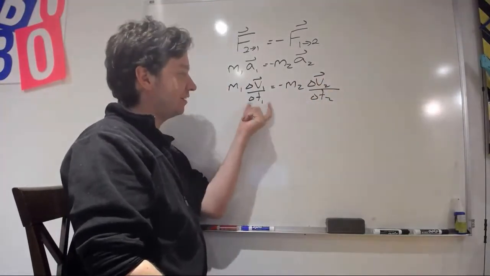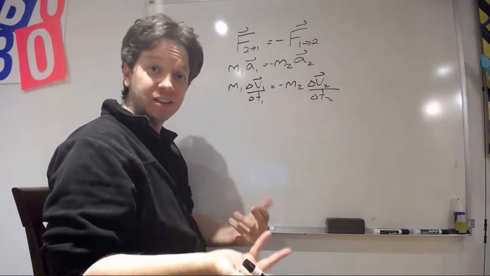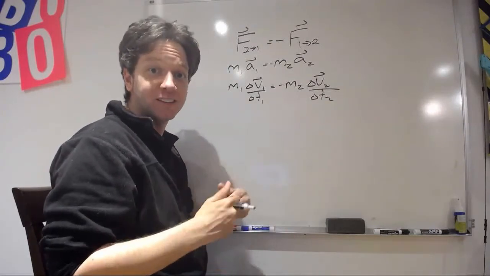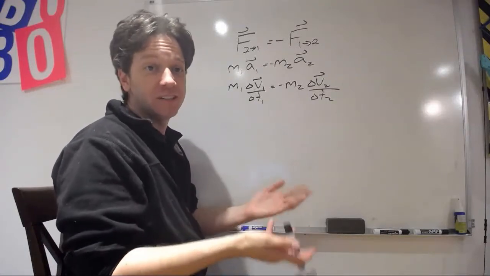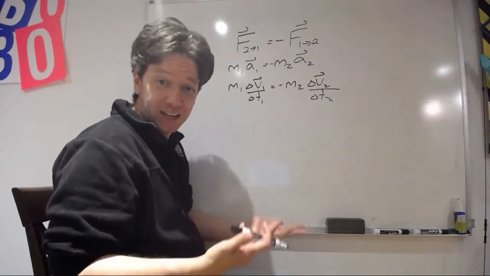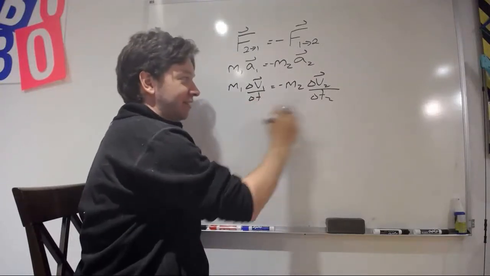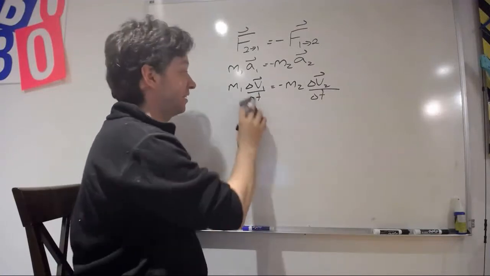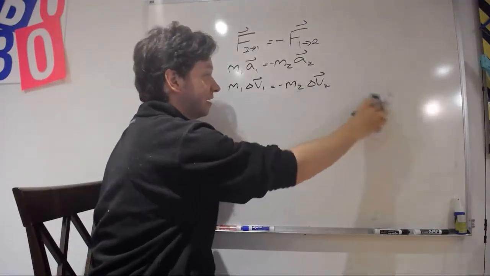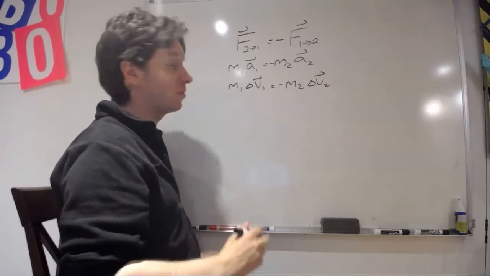Now, even though I've written delta t1 and delta t2, the time that car 1 is in a collision with car 2 is the same as the time that car 2 is in a collision with car 1. It's the same collision. So I can just think of that as delta t, and multiply both sides by delta t and completely cancel it out. So this is what we're left with.